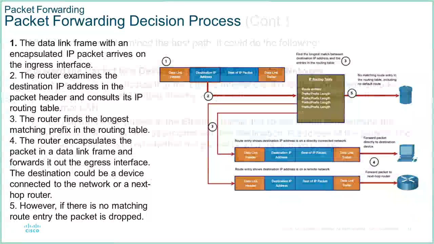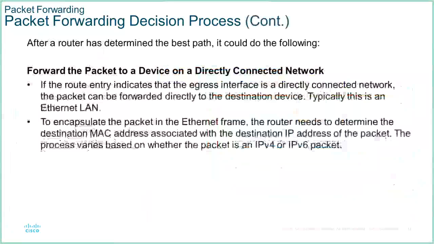So if it's forwarding on a directly connected network, as part of that process, it'll do an ARP resolution. So it'll send out an ARP request going, I need to send something to this destination IP address. Please provide me with the MAC address.